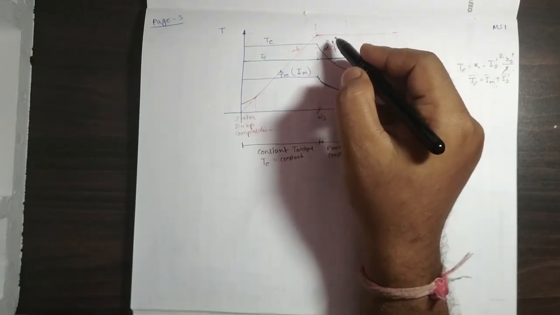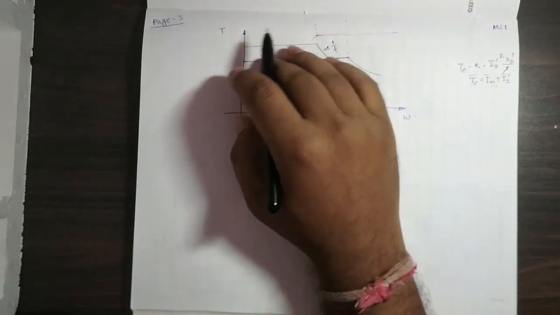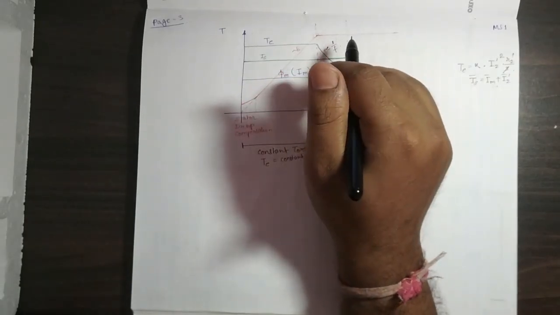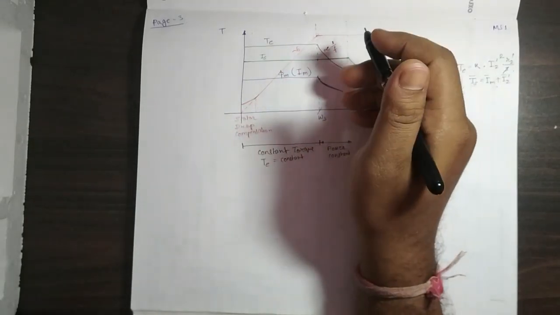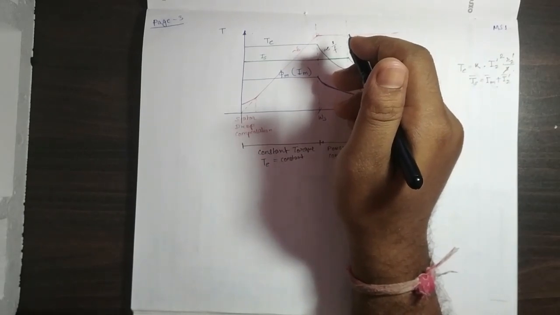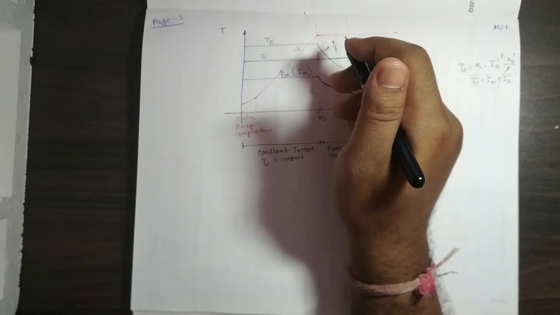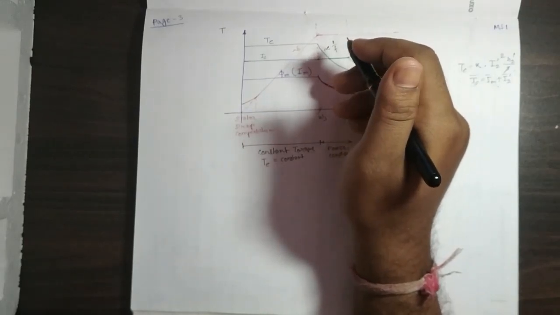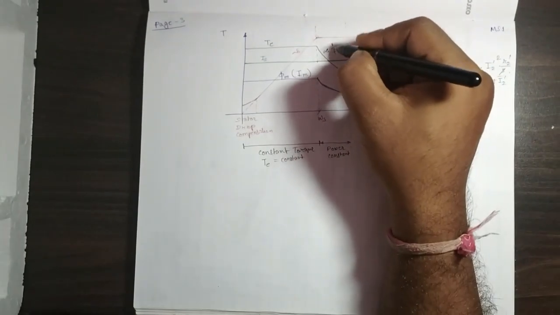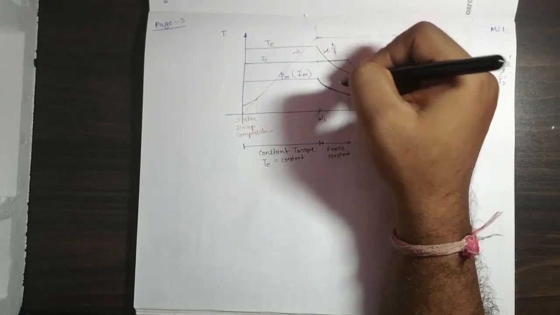Losses are almost constant in an induction machine during operation. They depend on frequency, but not too much. Only the core loss and hysteresis loss depend mainly on frequency, while the I square R losses do not depend on frequency. So here you are getting a constant power zone.